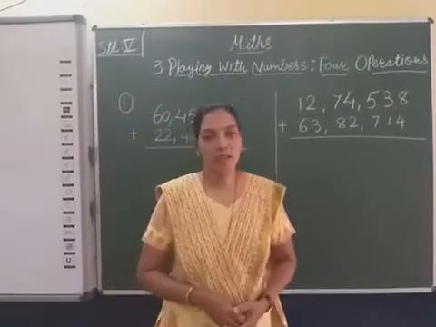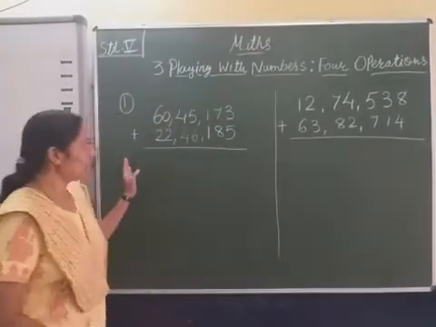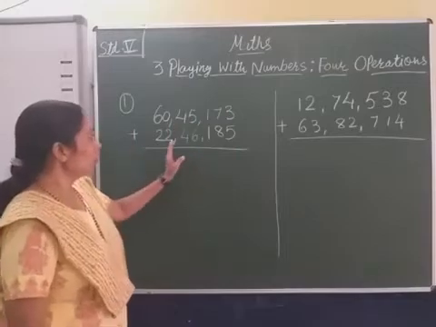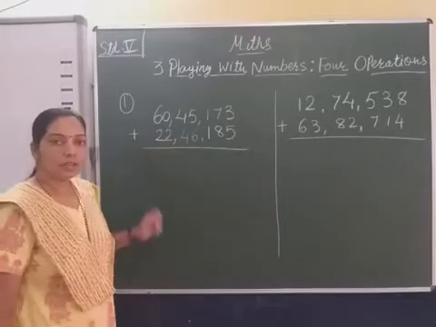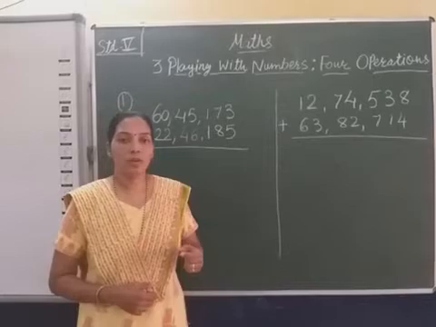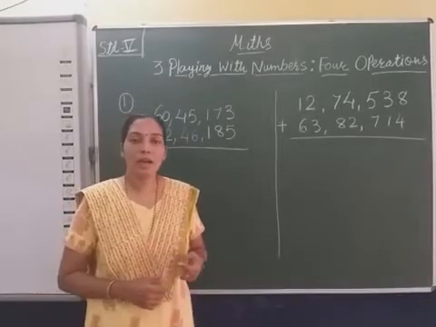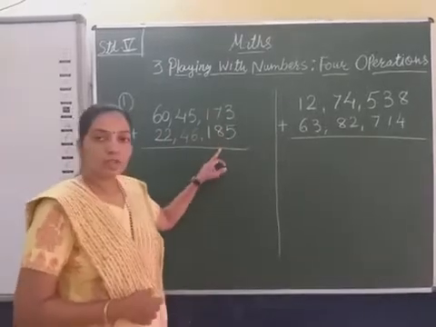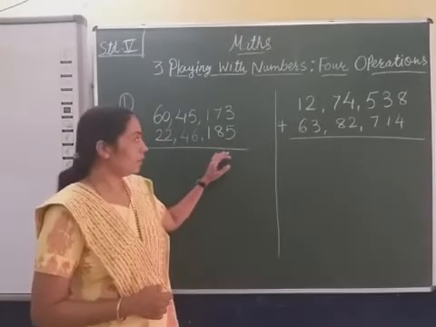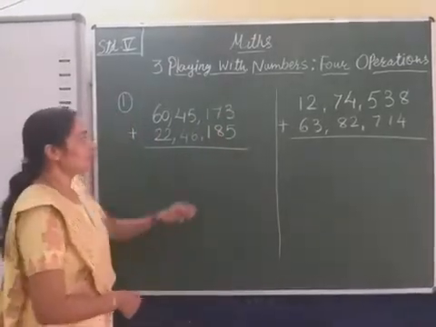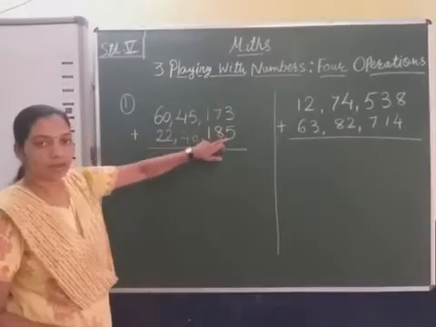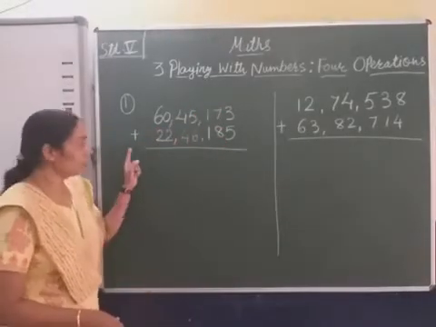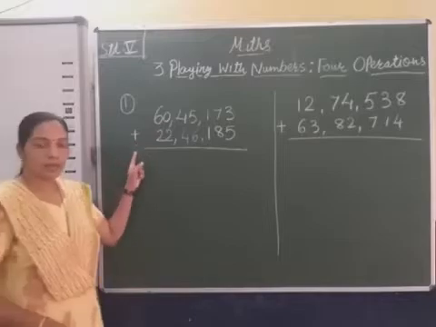Yes students, let me take one example of addition. This is a 7-digit addition. For the first step, whenever you add larger numbers, keep in mind that the places should be written in a proper way. Don't make a mistake. Arrange systematically and put the plus sign.